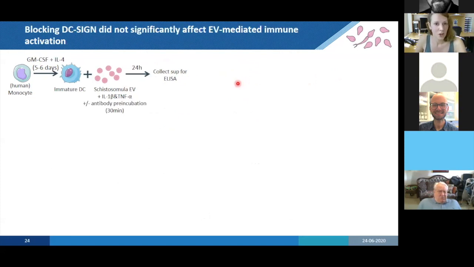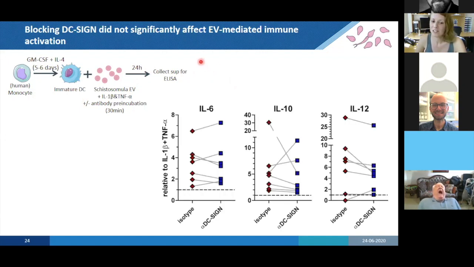So then we thought, okay, what happens to these responses if we, again, block DC-SIGN? So we pre-incubated the cells with the anti-DC-SIGN antibody and, again, incubated with the EVs. However, these responses were highly variable between donors and definitely not significantly altered.